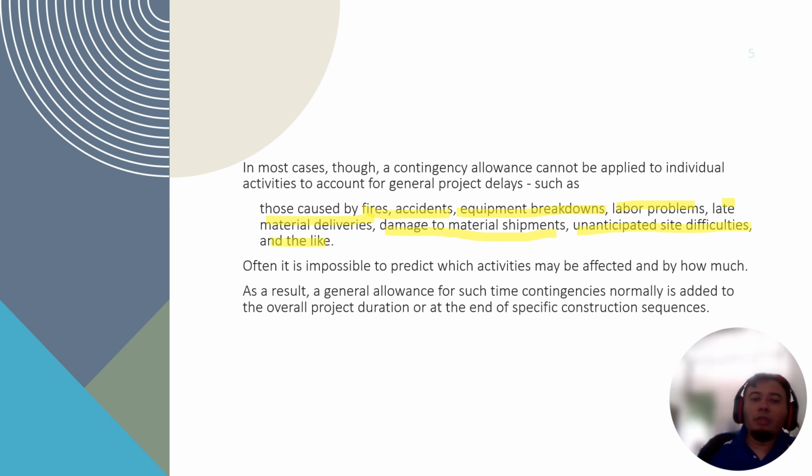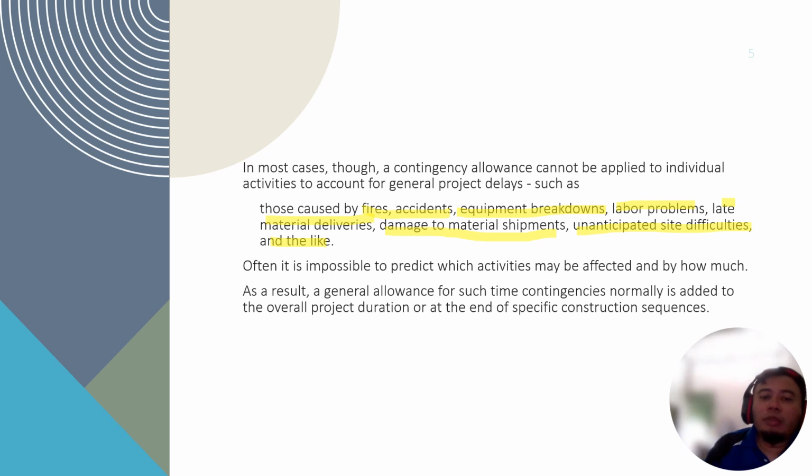Often it is impossible to predict which activities may be affected and by how much. It's hard to estimate how long the rainy season will be, how much you'll be affected, and how many extra days you need to provide for the affected activity.